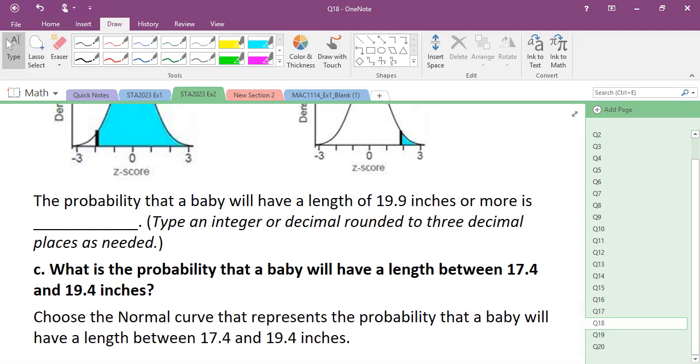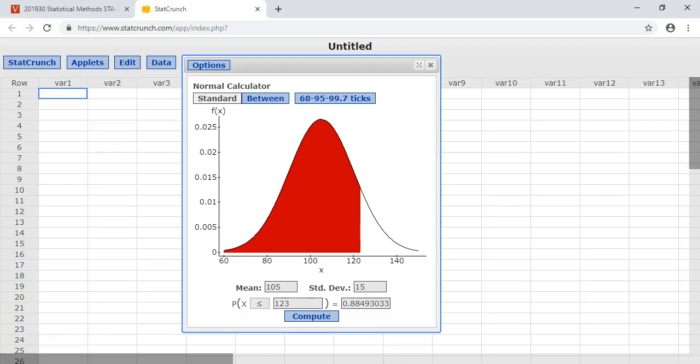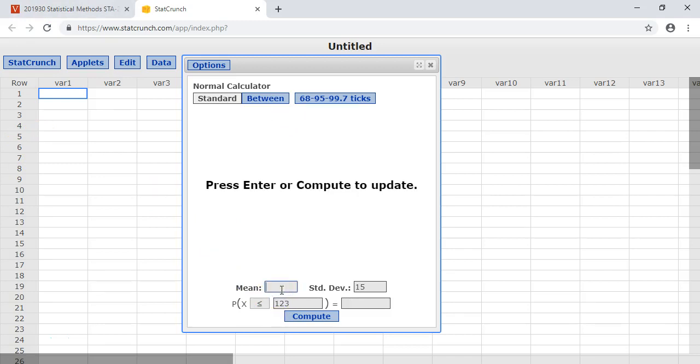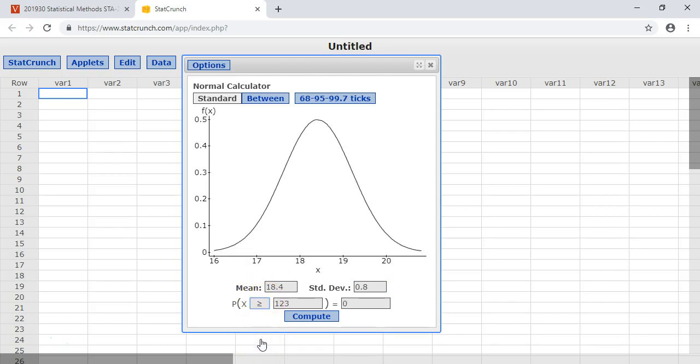Okay, and again, what's the probability? Let's jump into StatCrunch. So StatCrunch, changing some things up. What would we use for the mean? That's still 18.4. What would we use for the standard deviation? 0.8. Do we want less than or greater than? Greater than. We want to be greater than this time.